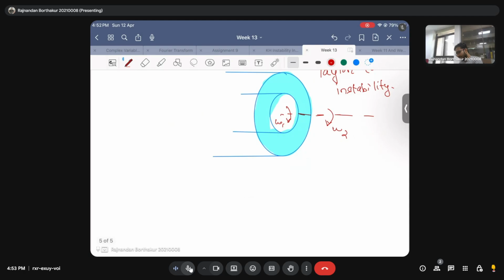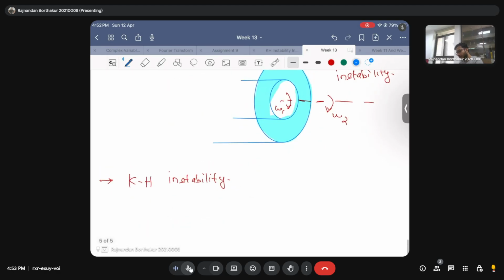Finally, there is also one very classical instability, which we call the Kelvin-Helmholtz instability, or the KH instability. You can also have analytical solutions to Kelvin-Helmholtz instability. It happens when there is a lateral movement of two fluids with different velocity.